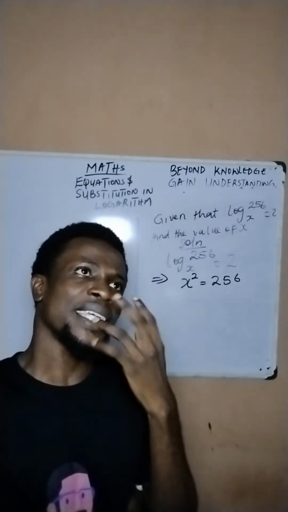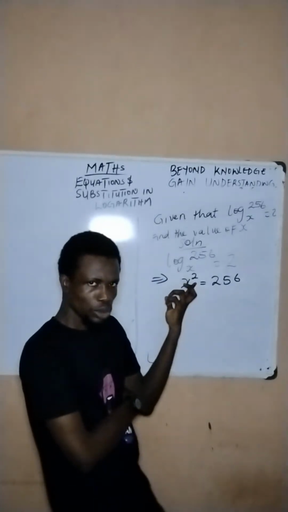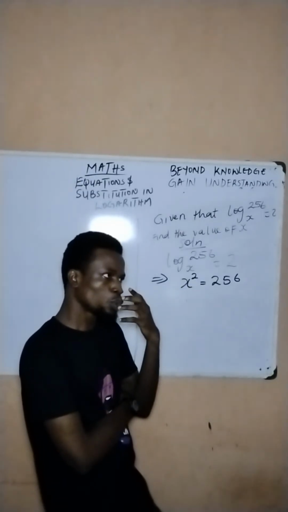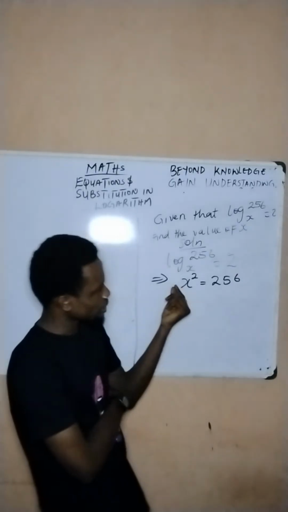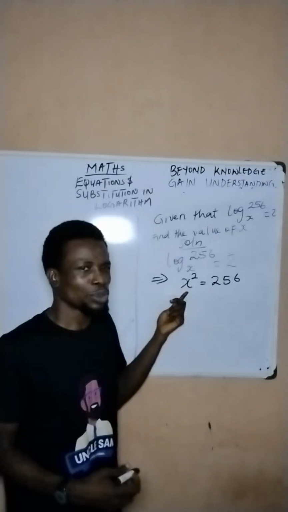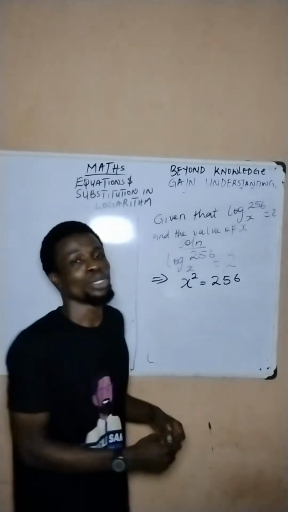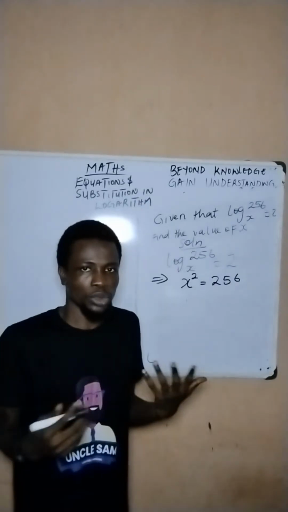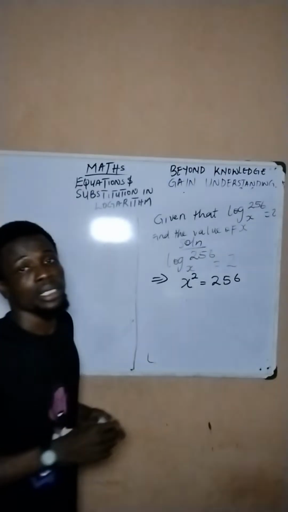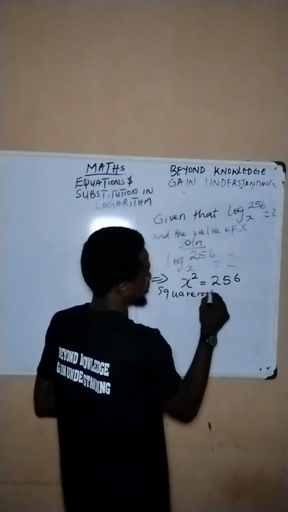So if the base raised to the power of 2 equals 256, what are we supposed to do? To find x, which is the base, we can square root both sides, or find a number that raised to 2 gives 256. There are a couple of ways to do that.